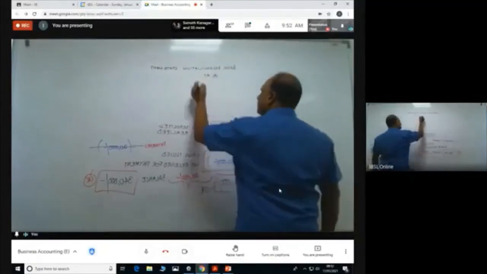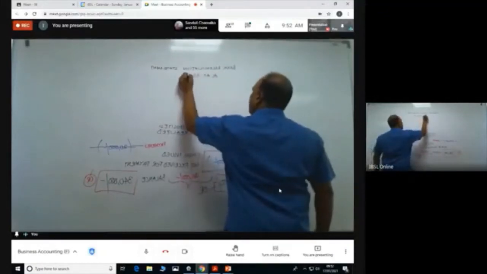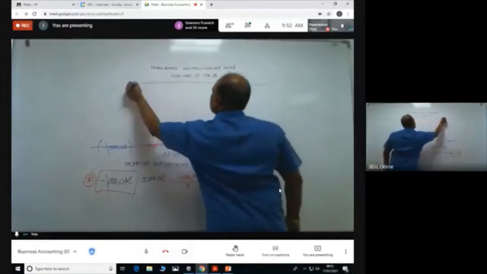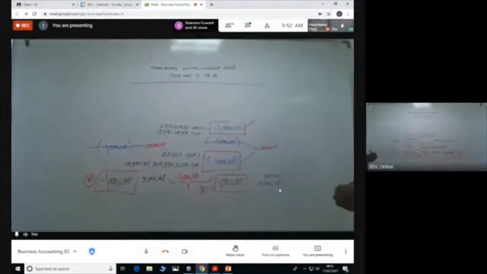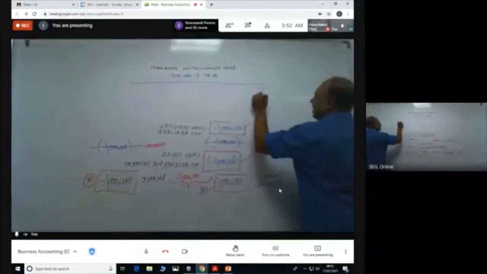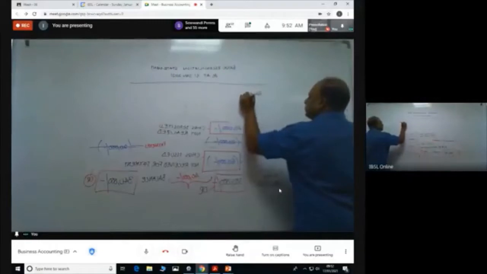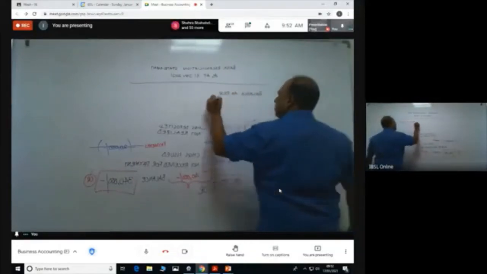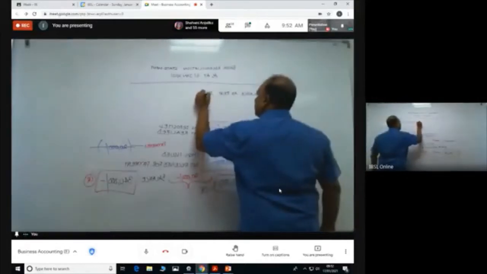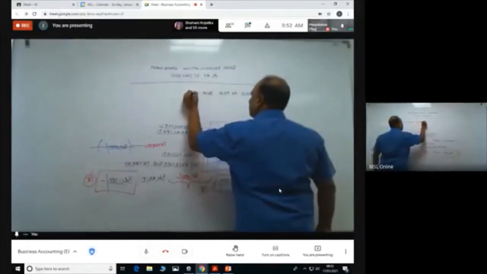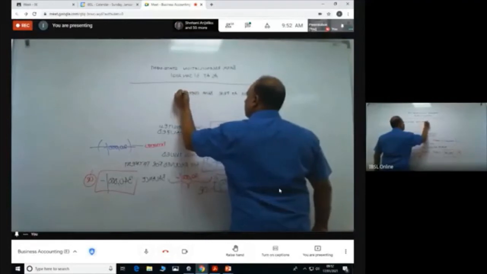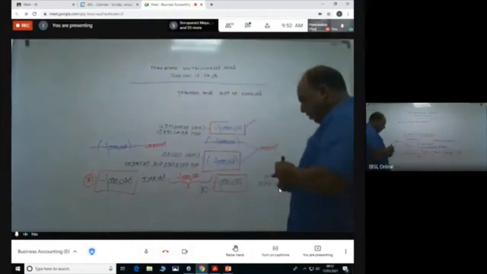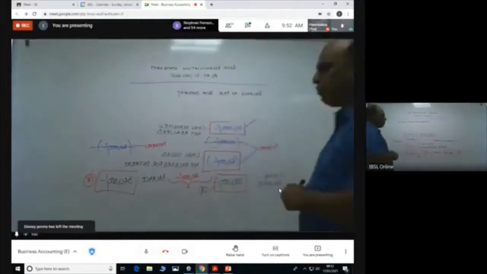Let's say this is 31st January 2021. Okay. Then your starting point will be balance as per bank statement. Balance as per bank statement is how much? 340.